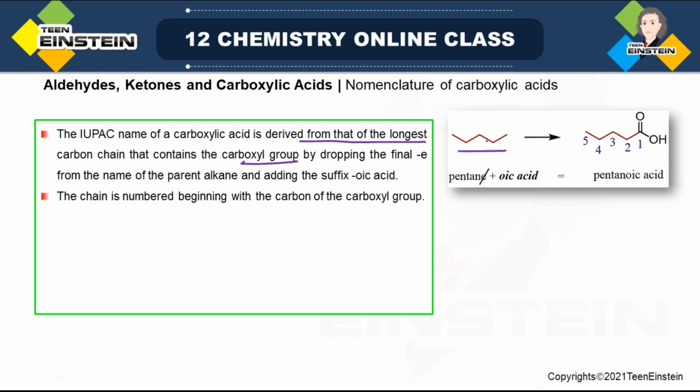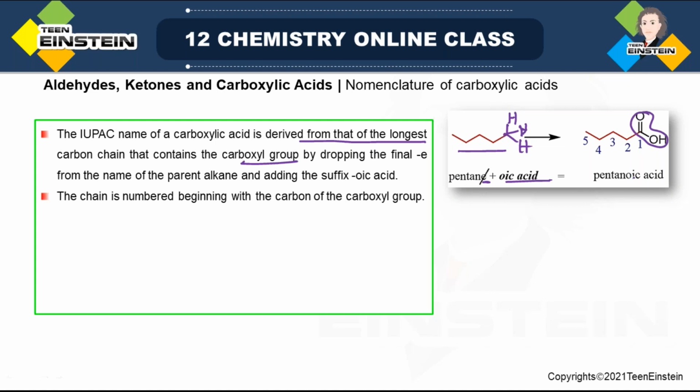But in the same molecule, if you replace any of these three hydrogens with a CO2H group, the name is pentanoic acid. How are you getting it? When it is the parent alkane compound, it is pentane, but now you have to drop the final E and add the term oic acid.